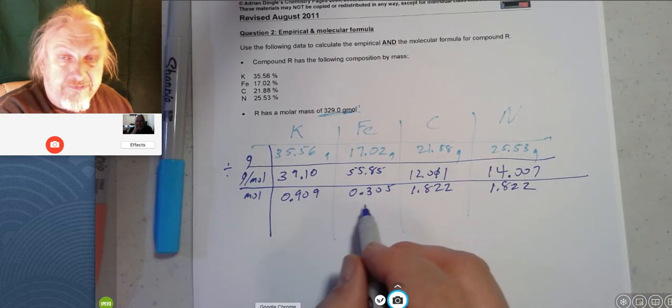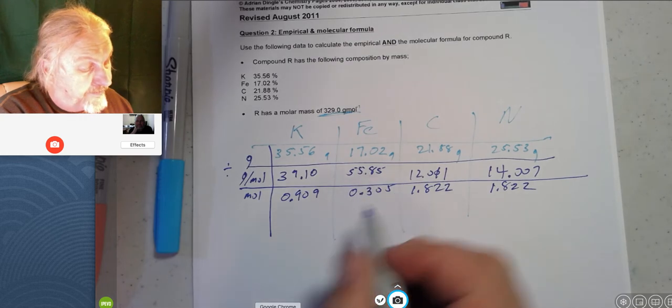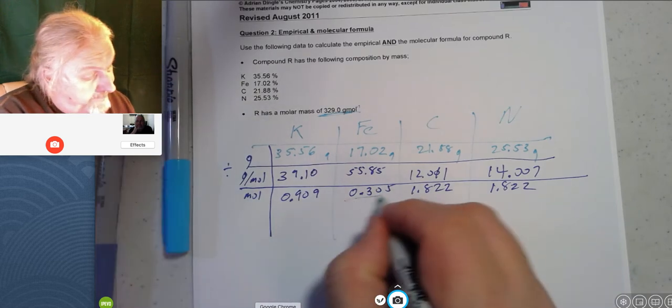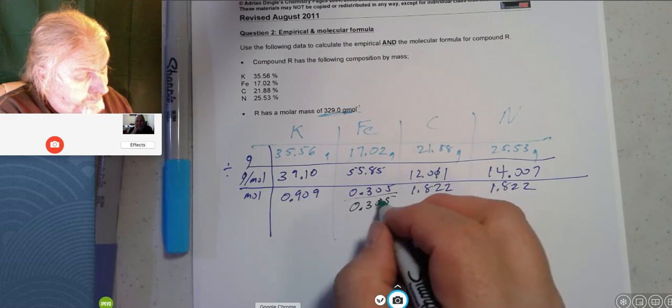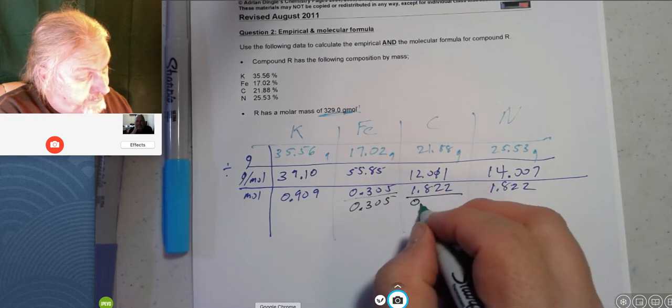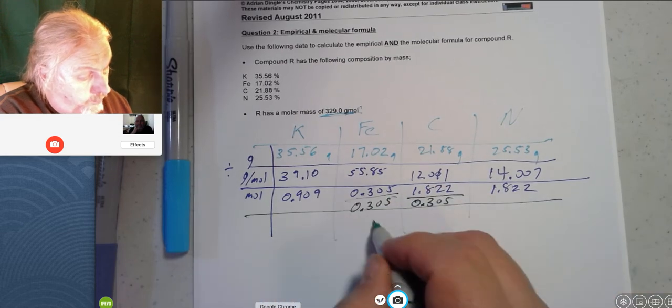You can readily see that the smallest number of moles is for the iron. So we divide everything by the smallest number, 0.305, because that's going to make that a 1.